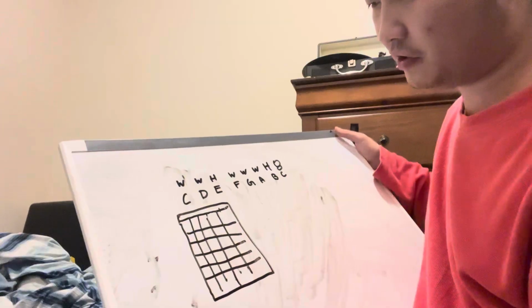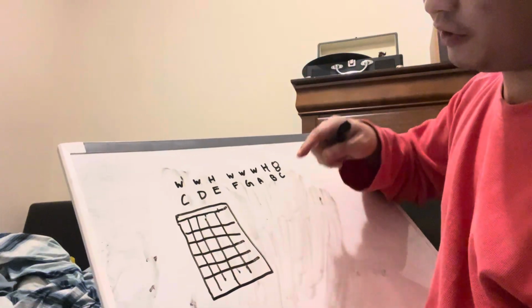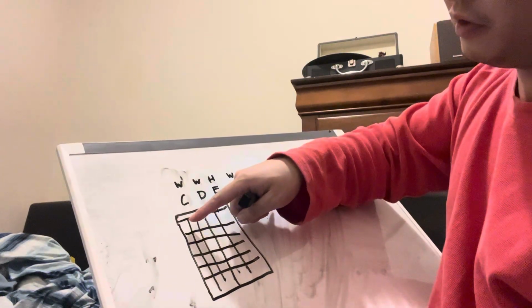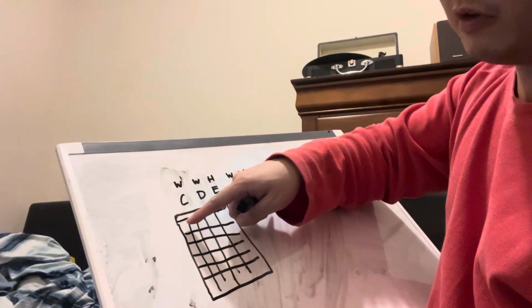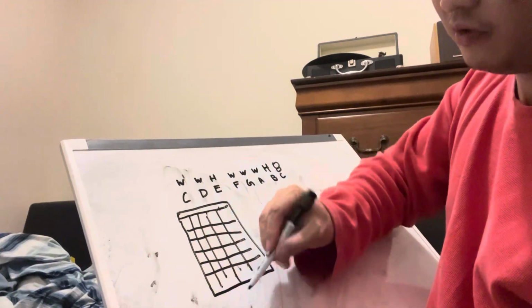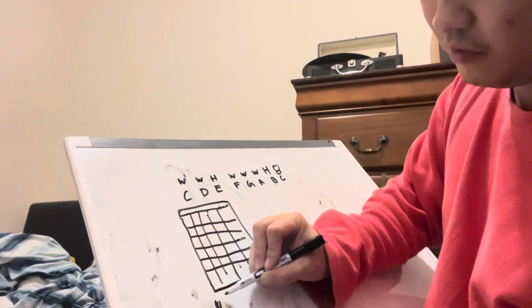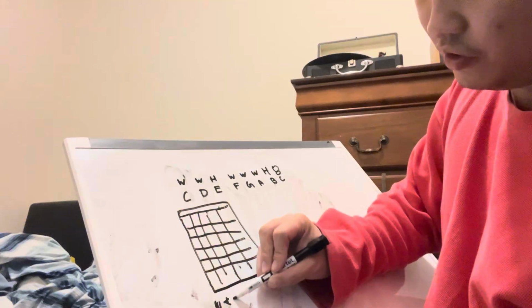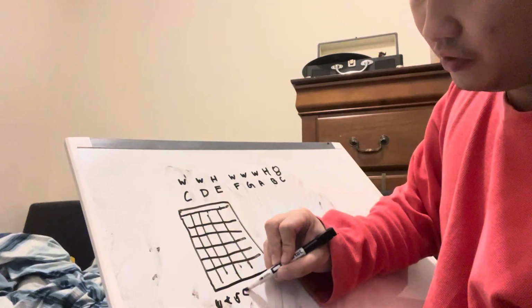And what makes it cool is that for guitar, every fret over, this is an E string, A string, G string, D string.